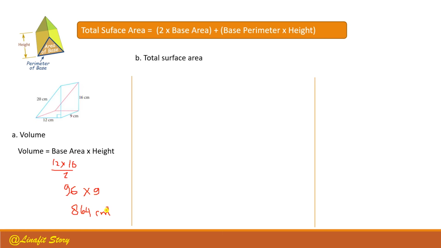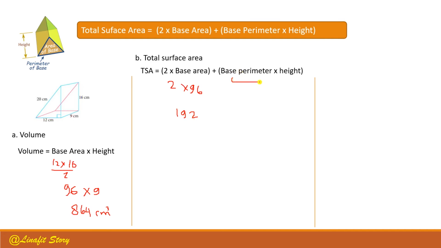Then we will find the total surface area. It's 2 times base area plus base perimeter times height. The base area is 96. So 2 times 96 is equal to 192. The base perimeter. The base is a triangle.